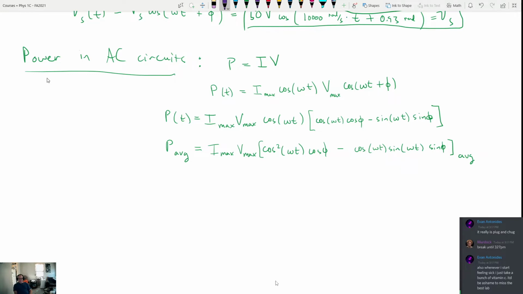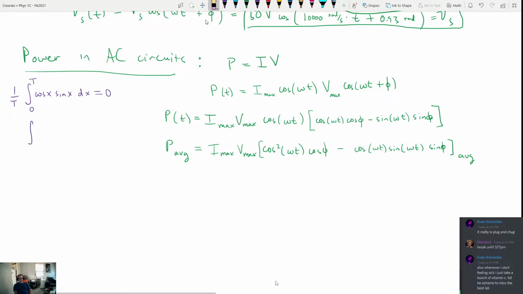Because you have a cosine and a sine right here, if I take the integral of cosine times sine over one period, from 0 to T, this is going to be 0, and you'd have to divide by T too.